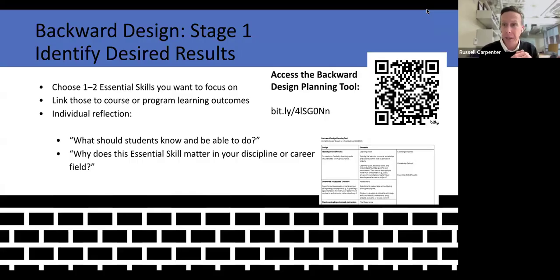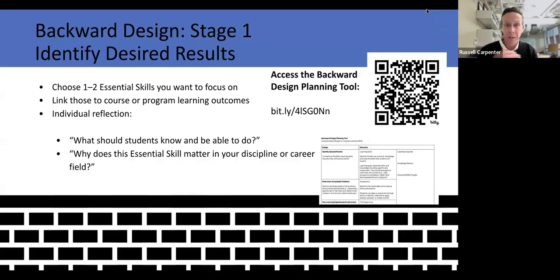And as you're going through that process, you can draw from those resources to support your backward design process. And stage one really begins with a very clear understanding of that essential skill or the two essential skills that you're going to be focusing on. And then you want to consider the ways that you can link those to course or even program level learning outcomes.